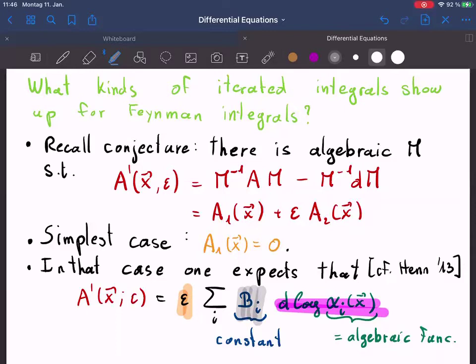The arguments of the d logs are rational functions or contain square roots, for example. Note that this is precisely the form of the differential equation we had for the massless box, where we had these two matrices, A0 and A1, which here would be B0 and B1. And then we had two differential forms, d log x and d log 1 plus x. That's precisely the form we had for the massless box.